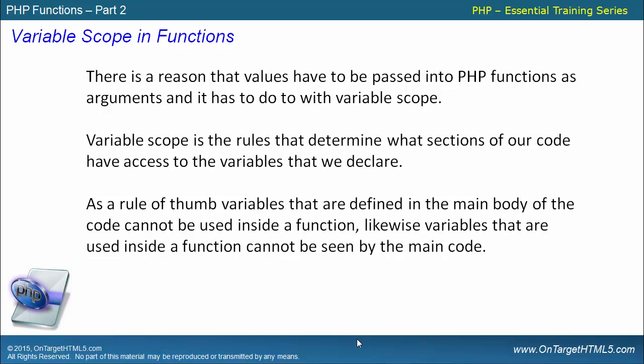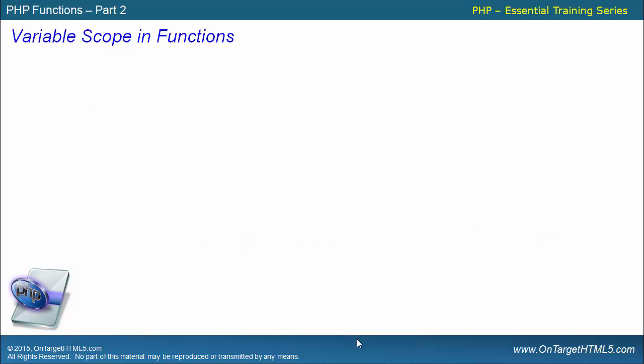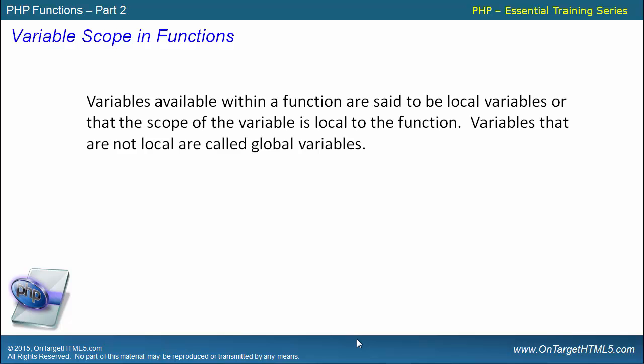And that may seem very confusing because I can almost hear you saying, oh, well, wait a minute, how do I pass values back and forth if functions can't see variables outside the function and variables inside the function can't be seen by the code that's in the main code body? There are ways of doing it. You're going to see that as we work through a lot more demonstrations inside PHP. But variables available within a function are said to be local variables, or variables that are scope of the variable is local to the function.